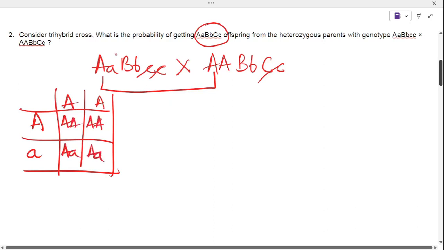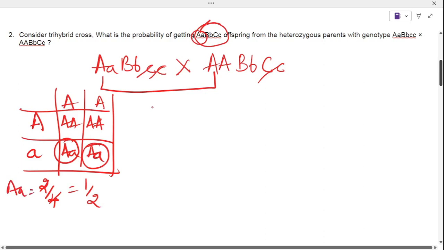The offspring produced heterozygous are 2 out of a total population of 4. 2 by 4 is equal to 1 by 2, with respect to capital A small a.